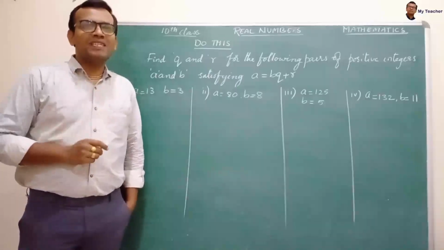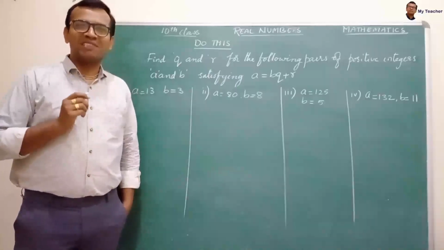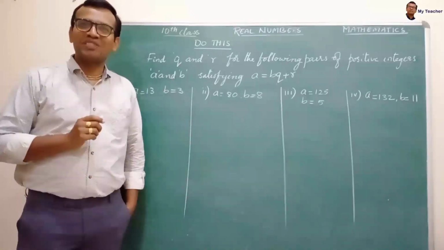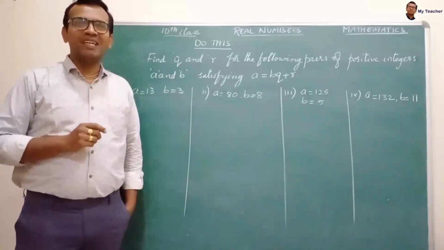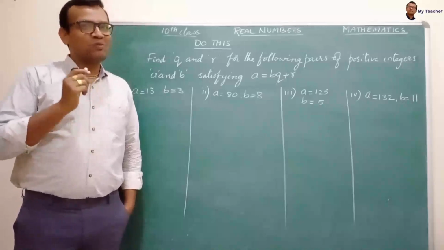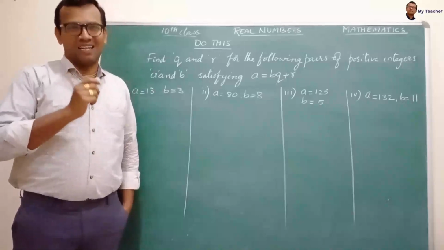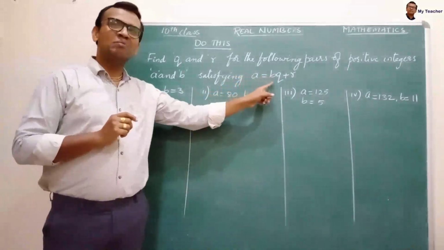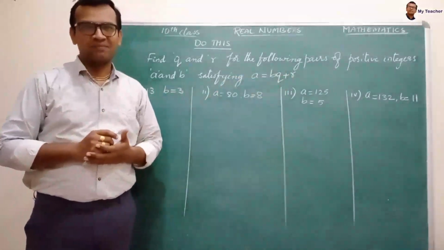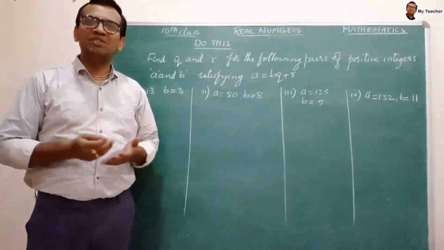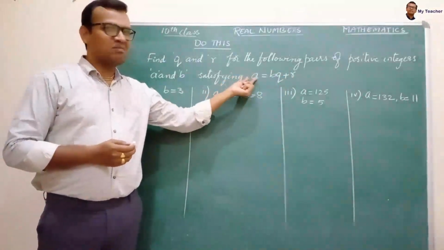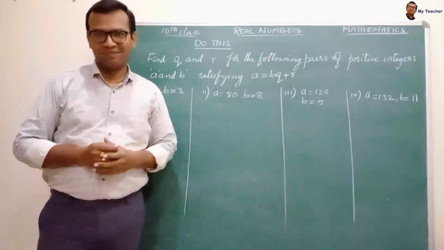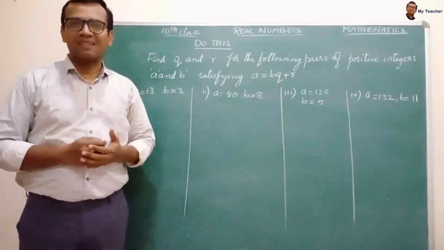So in the previous example, we came to a conclusion that for any two positive integers A and B, we can find two more integers Q and R, which satisfy the relation A is equal to BQ plus R, which is nothing but the division rule. Dividend is equal to divisor into quotient plus remainder. So let us see some more examples.